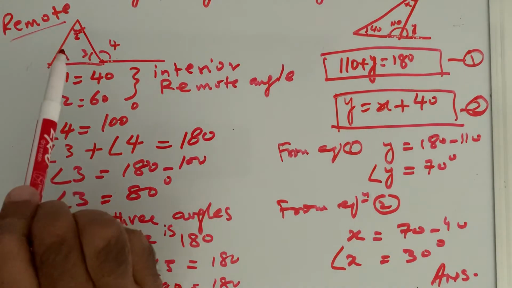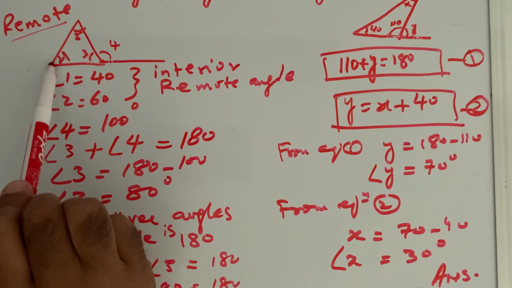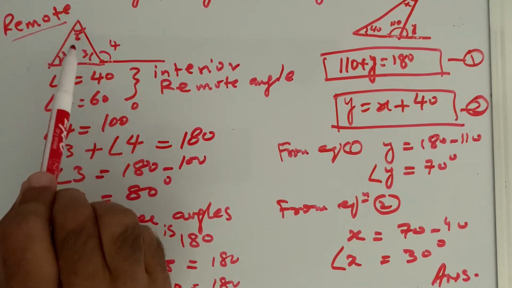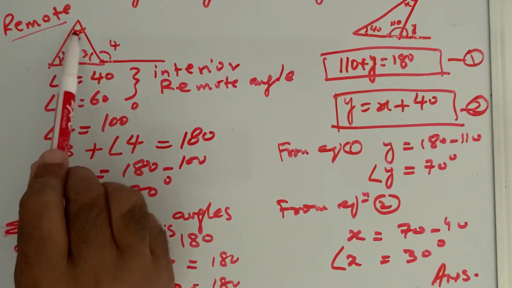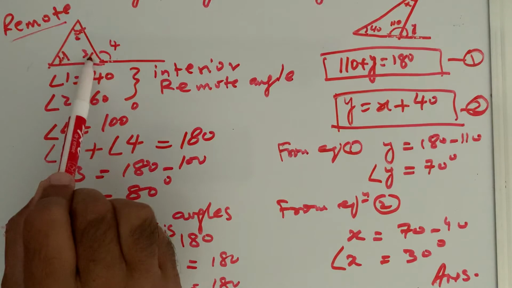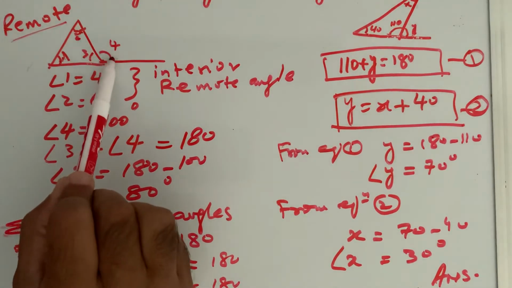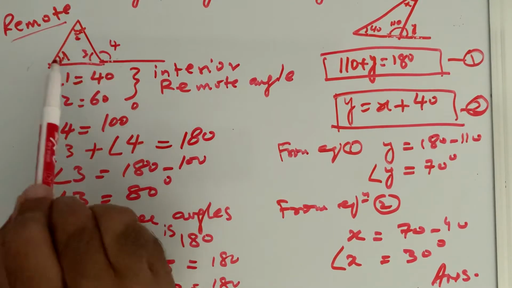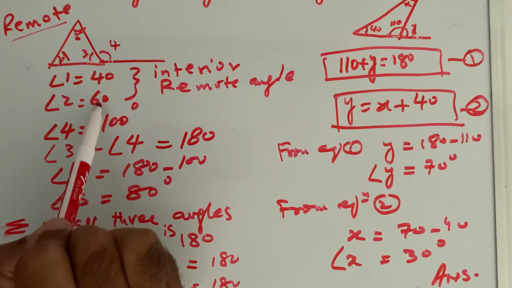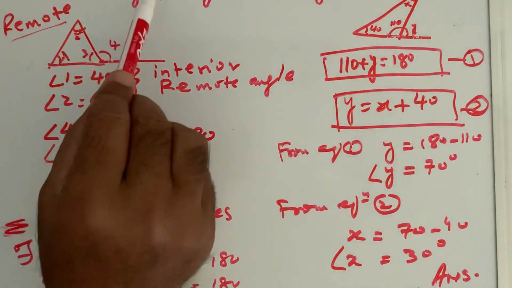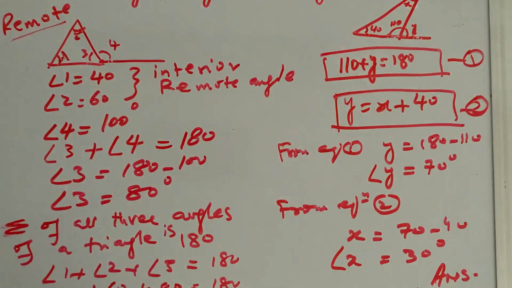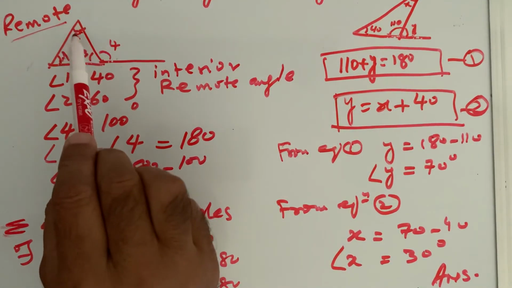So this was the simple example. This triangle has angle 1, angle 2, angle 3. These are the interior angles of the triangle. And this angle 4 is the exterior angle of the triangle, right? So if angle 1 is 40 and angle 2 is 60, what does the theorem say? The theorem says that an exterior angle is always equal to the sum of the opposite interior angles.